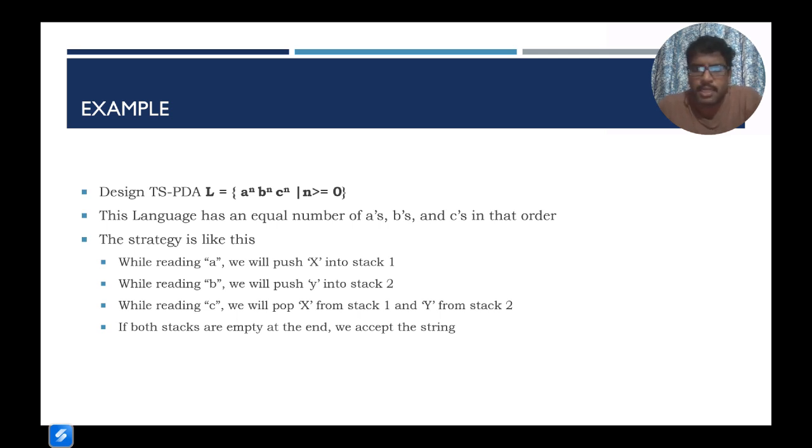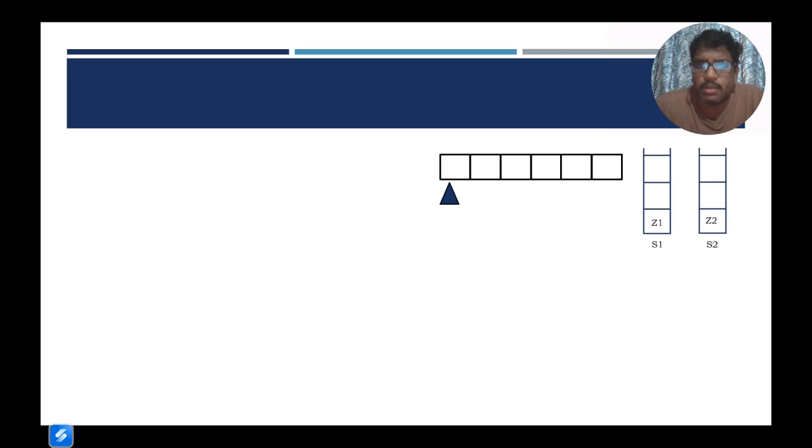Let us see the diagrammatic representation of working with a^n b^n c^n. Initially we have the tape empty and two stacks with initial values Z1 and Z2.